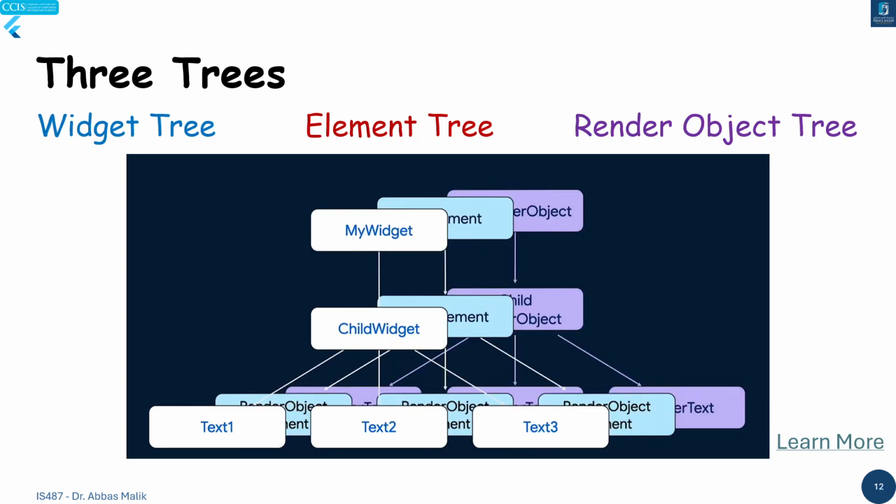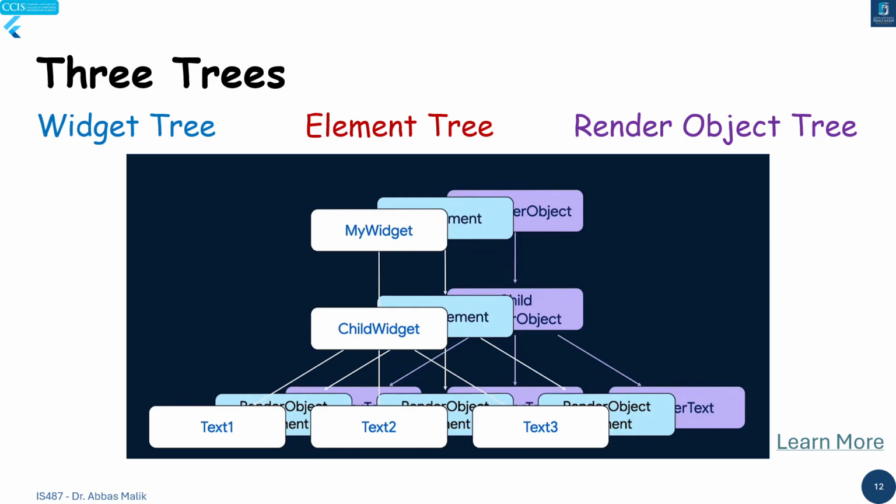Then we also have three different types of trees which exist inside our Flutter application. The widget tree, that we have just seen for our number game application. Then we also have the element tree. The widget tree and the element tree have a one-to-one correspondence. For every widget that we have created in the build method, we also have an element.